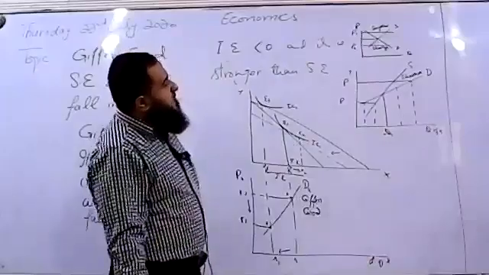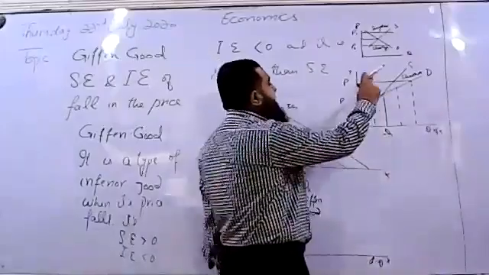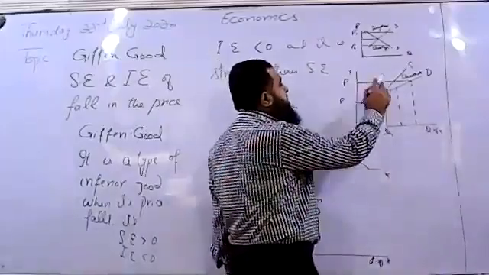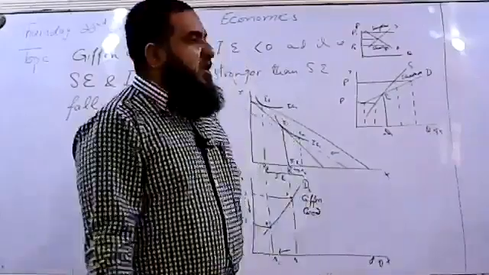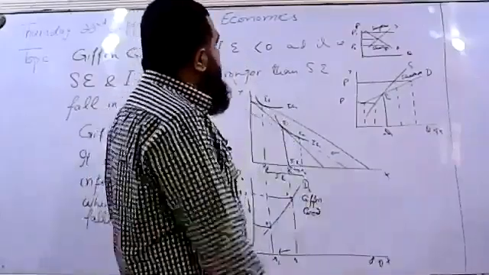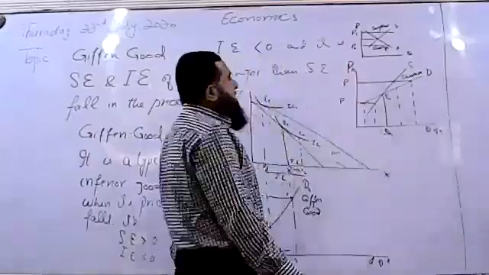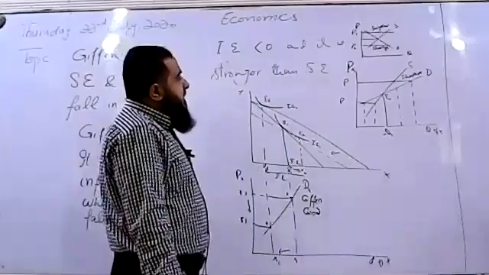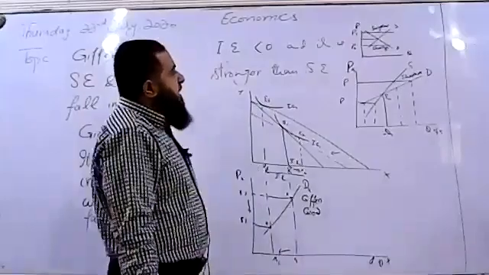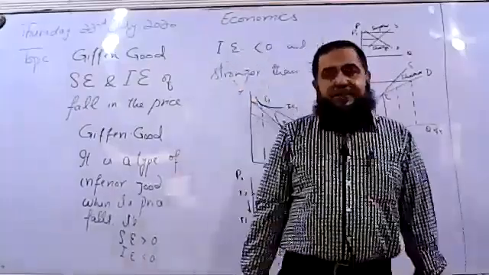So we find one very interesting feature of the Giffen good. Once this market is away from equilibrium, this is the equilibrium point, when the Giffen good's price increases or decreases, here we have to take the price of X rather than Y. When the Giffen good market goes away from the equilibrium, it will never come back to the equilibrium point again.